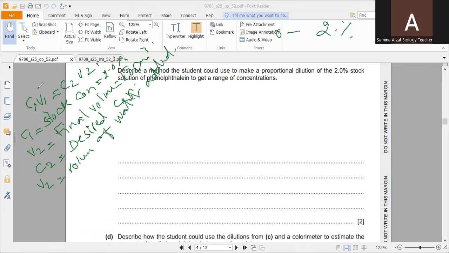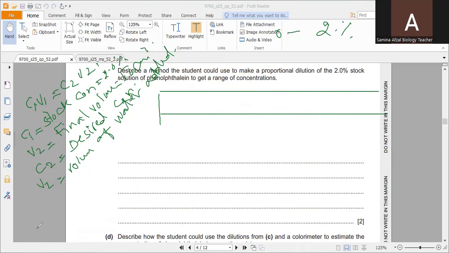So here we make a table for this purpose. We have to make 5 concentrations over here.